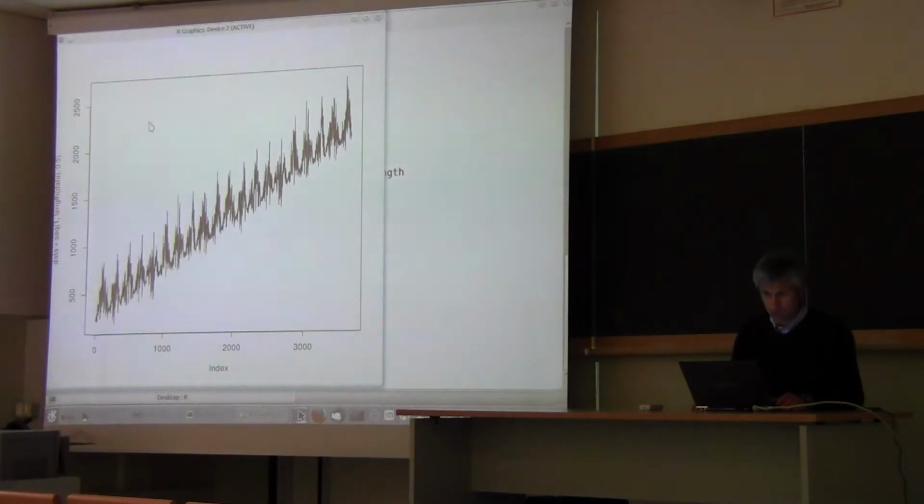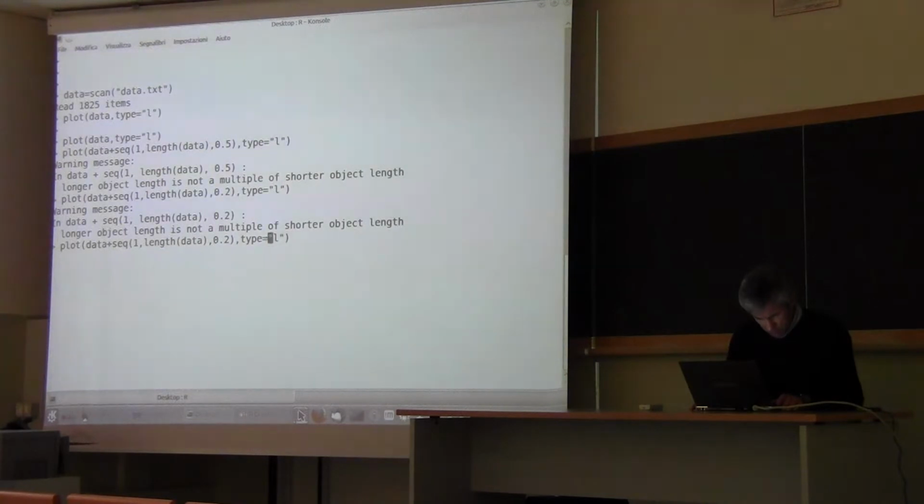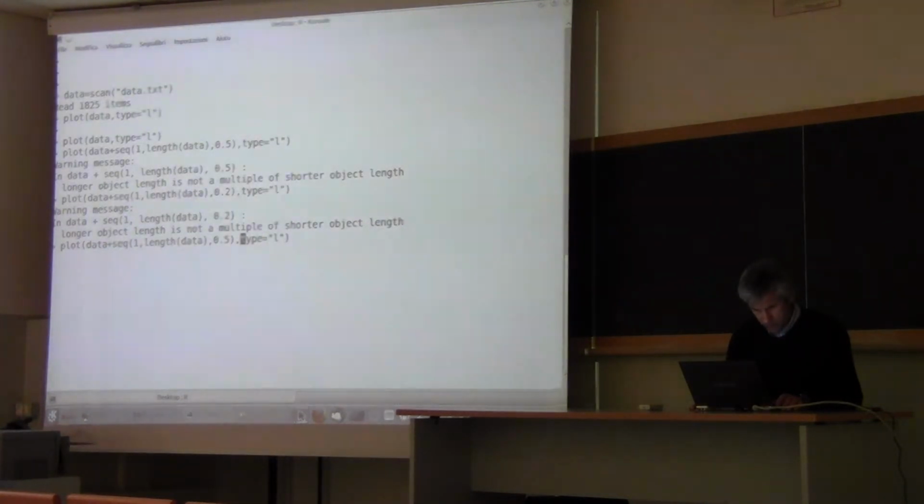Let me see how it looks. This is too much, but this is an example of non-stationarity, okay? This is too much. Let me see if I use 0.2. Okay, no problem. This is still too much.